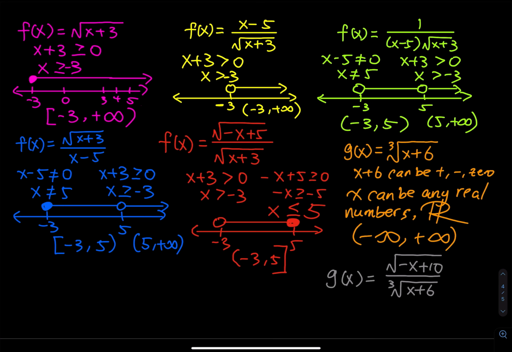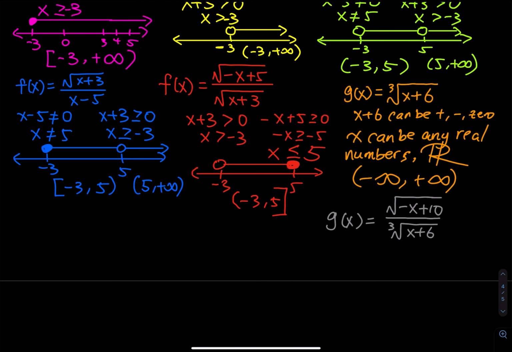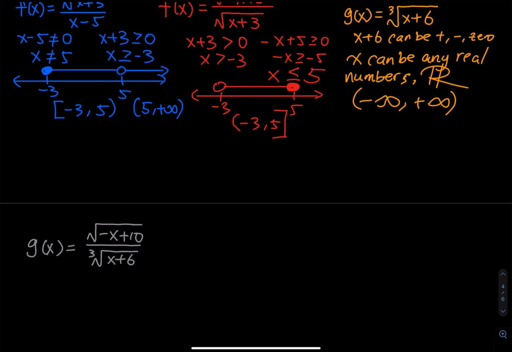Okay, we have this one. So the problem is getting crazier. So how about this? We have the square root of 10. You know what? I'm going to move this problem over here. What do we have for the bottom? So for the bottom, we cannot allow a 0, right? So x plus 6, no 0. We cannot allow a 0 in the denominator.